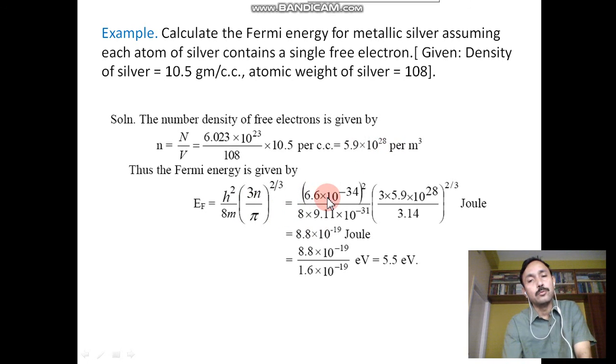If we put these values, 6.6 × 10^-34 whole square by 8 into the mass of the electron, 9.1 × 10^-31, pi is 3.14, 3 into n, this 5.9 × 10^28, to the power 2 by 3 joule. So it becomes 8.8 × 10^-19 joule. Dividing by 1.6 × 10^-19, it becomes 5.5 electron volt.